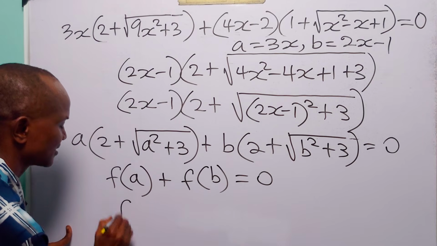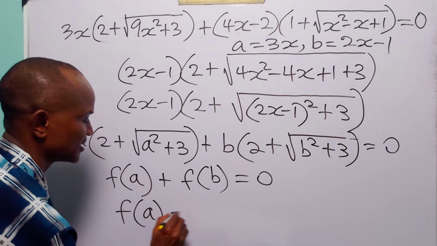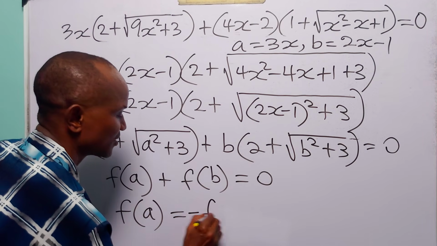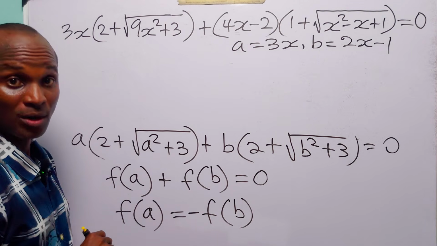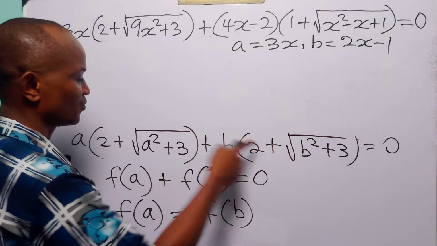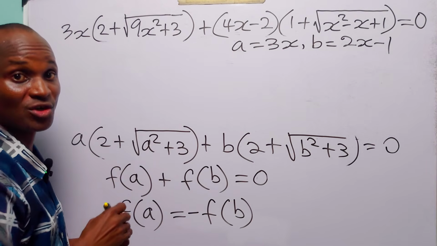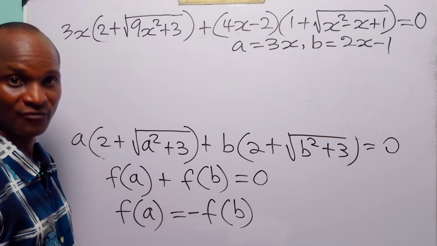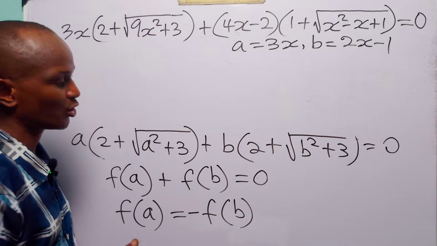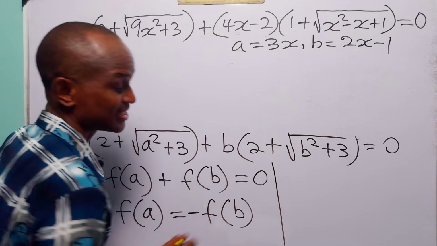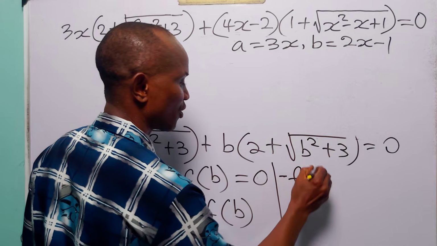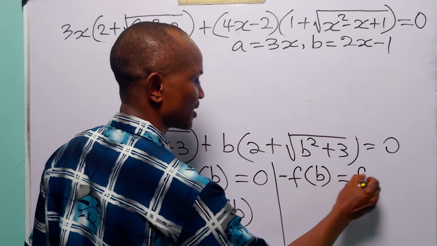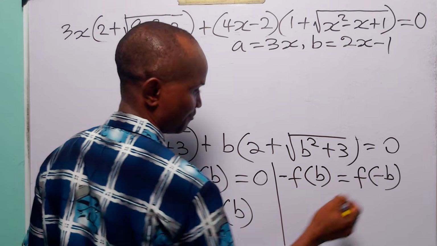And from here, we have that f of a is equal to minus f of b. Now, one thing to notice about this function, which is exactly the same as this function, is that it is an odd function. Now, what is an odd function? An odd function is a function that has the property minus f of b is equal to f of minus b.